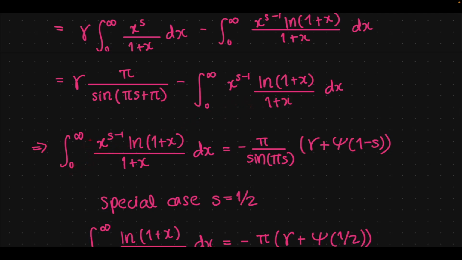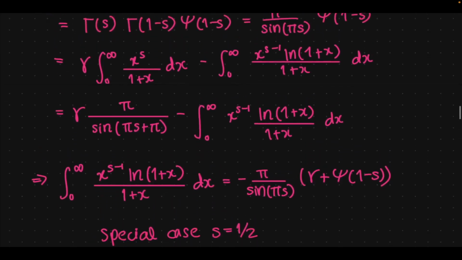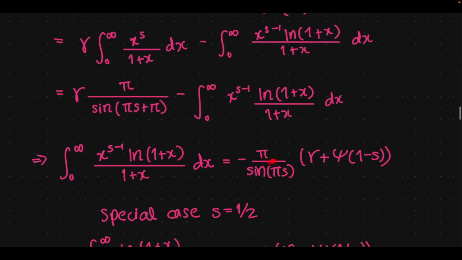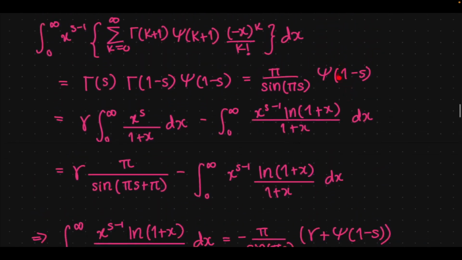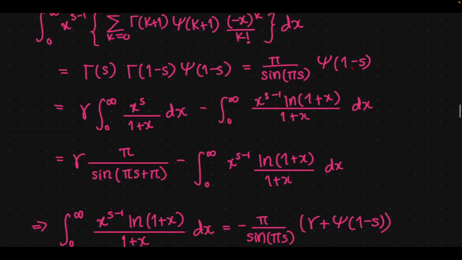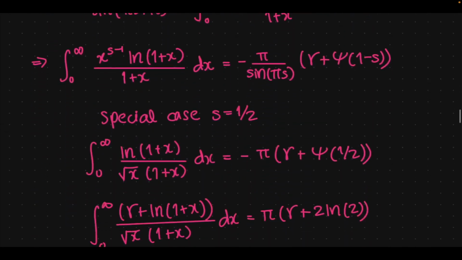The integral 0 to infinity x to the s minus 1 natural log of 1 plus x over 1 plus x dx is going to be, taking the sign on the other side, minus pi over sine of pi s times Euler-Mascheroni plus digamma of 1 minus s, using this as well as this.